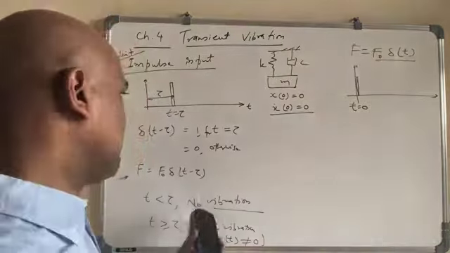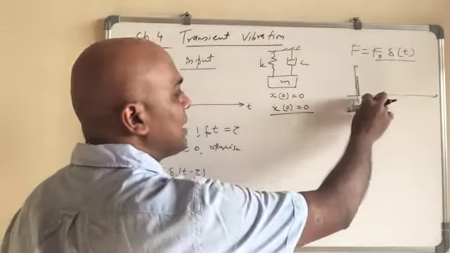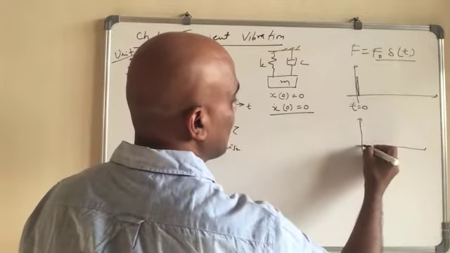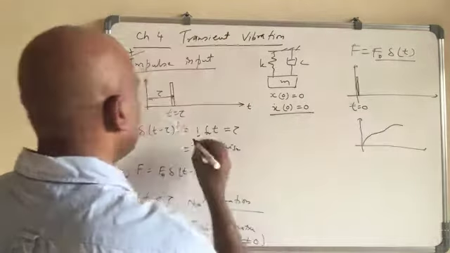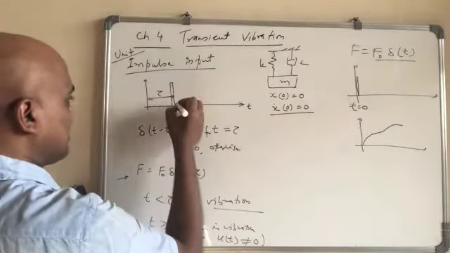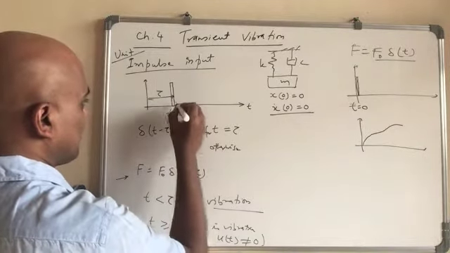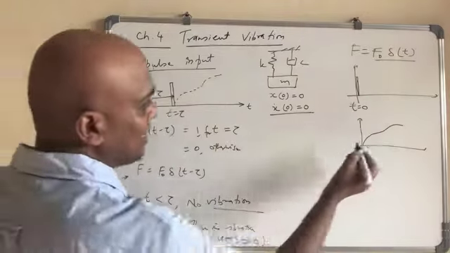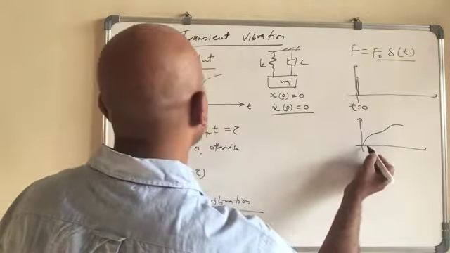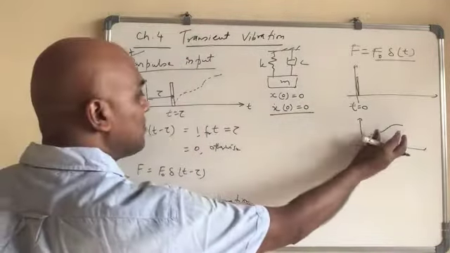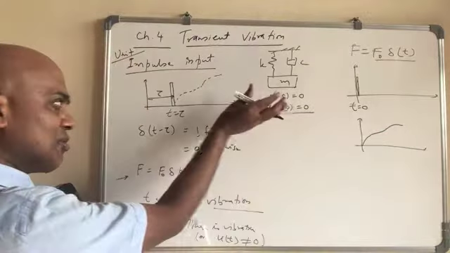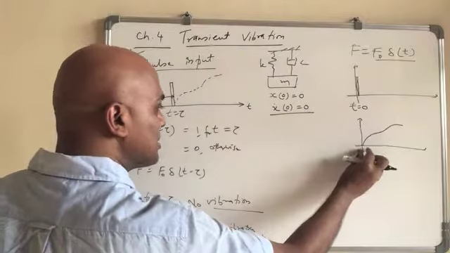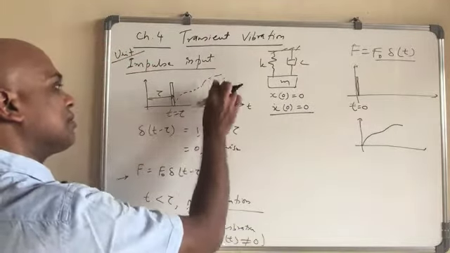Whatever solution we get for the displacement here, we get the same solution in the other case, but it starts from a different time. Here it starts from t equal to 0; if you place the same u at t equal to tau, then t equal to 0 becomes t equal to tau.